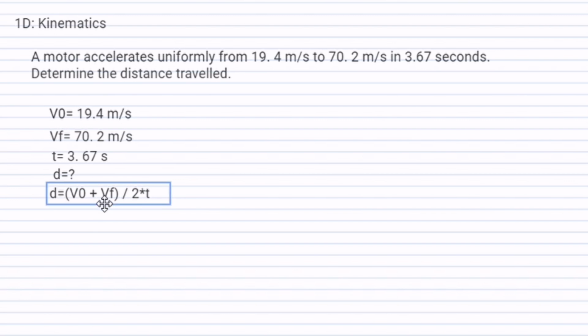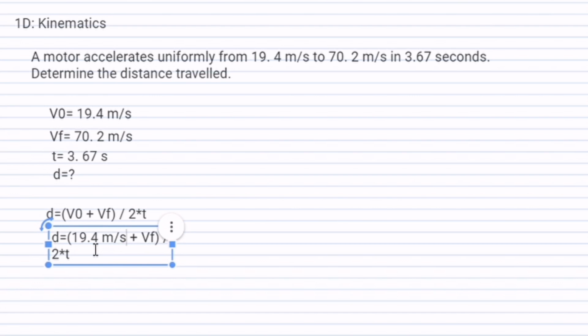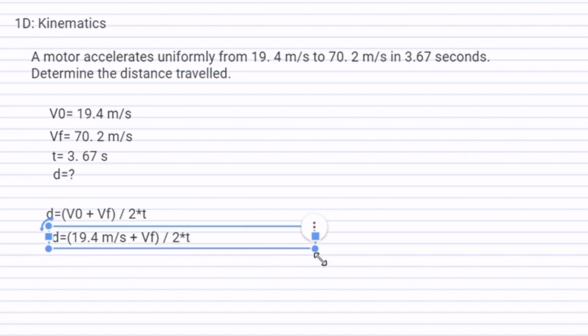Now let's substitute the values. For V0, it is 19.4 meters per second. The Vf is 70.2 meters per second. For the time, it is 3.67 seconds.